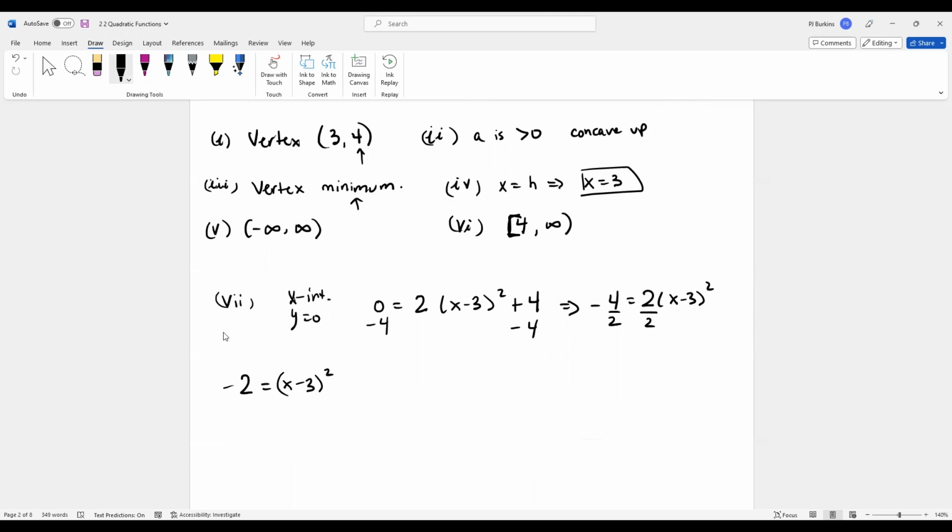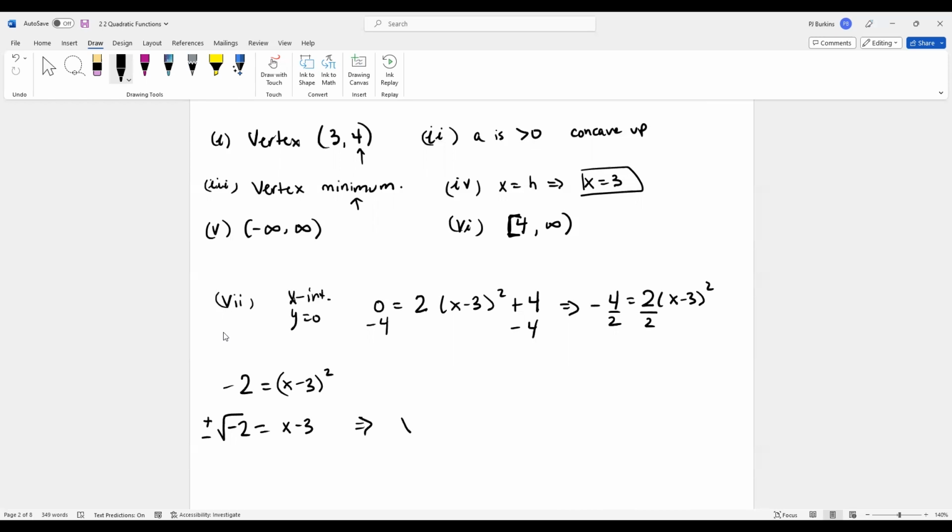Now note that we have equals a negative, and I'm about to take the square root. So when I take the square root of both sides, look what happens. Again, when you take the square root, you get plus and minus, but I have the square root of a negative number. So what that tells me is that I need to bring i in, right, which we just learned in section 2.1.